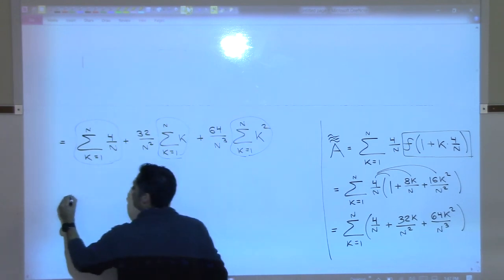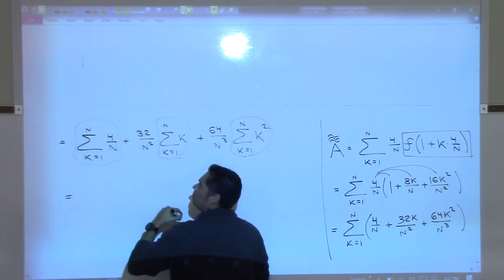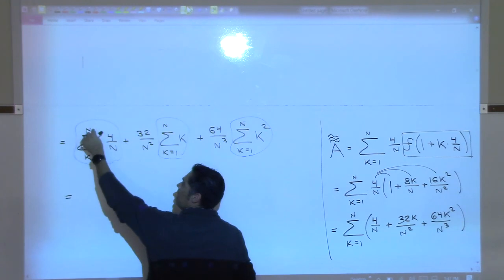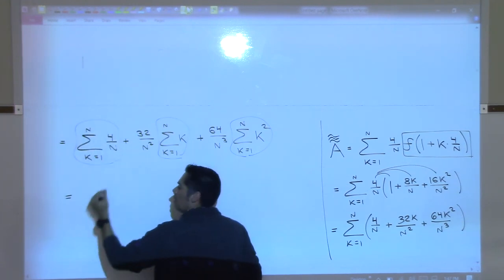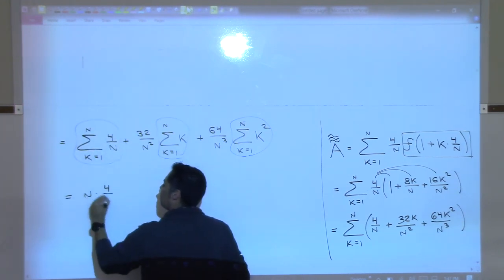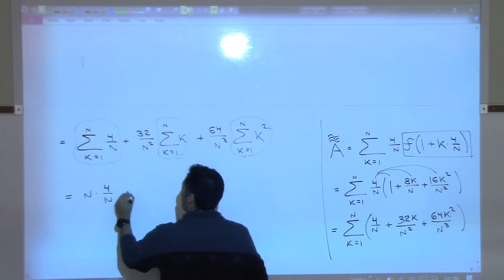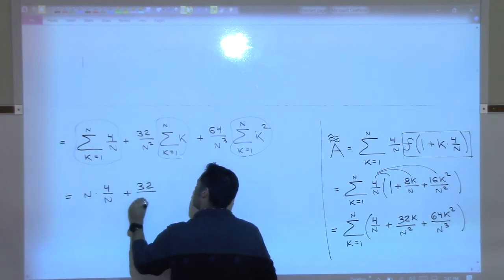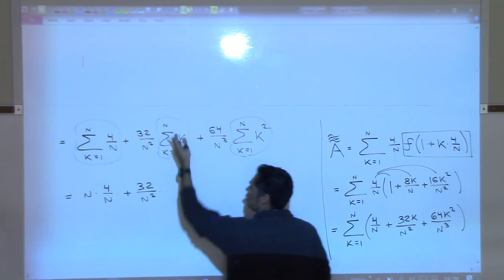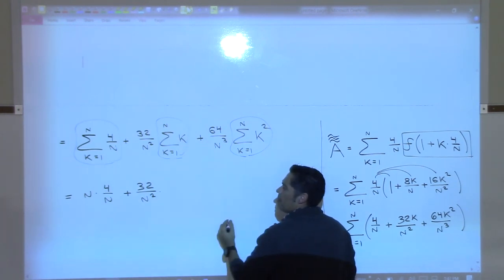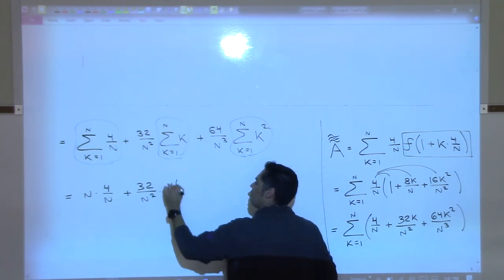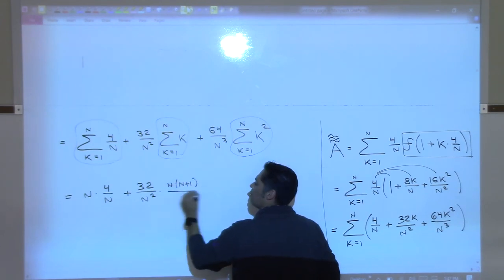Okay, so what would this first sum be? 4, because we're going to multiply n times 4 over n. I'll go ahead and write that down, n times 4 over n. It's going to become a 4. Okay, plus 32 over n squared times what? What does this sum become? n times n plus 1 over 2.